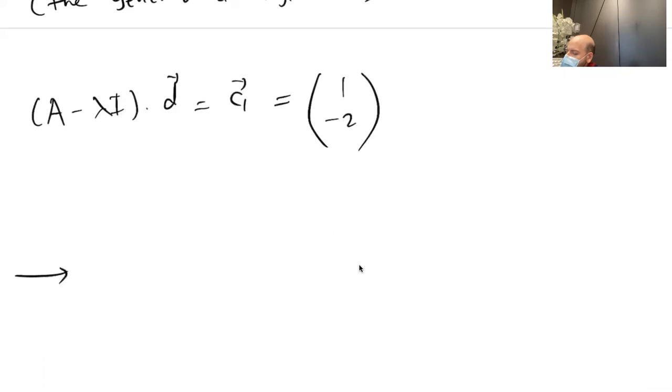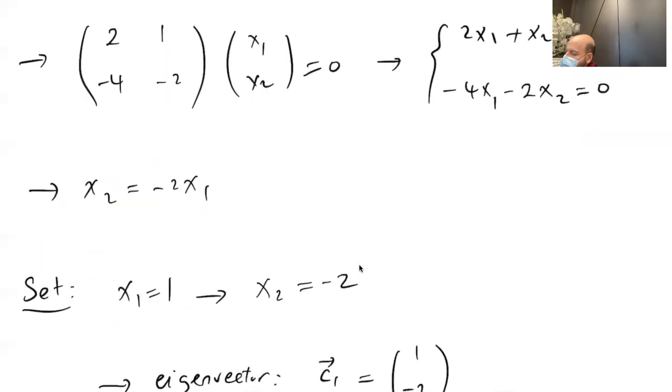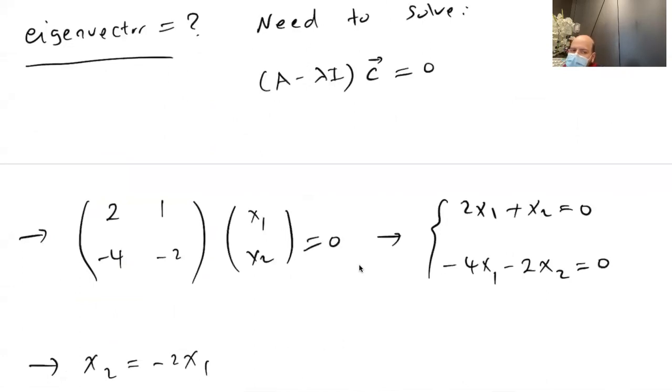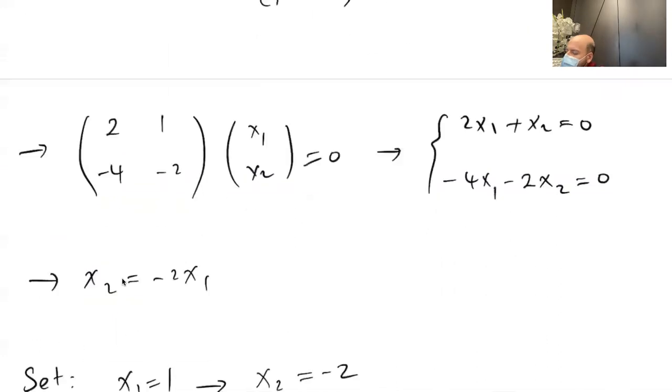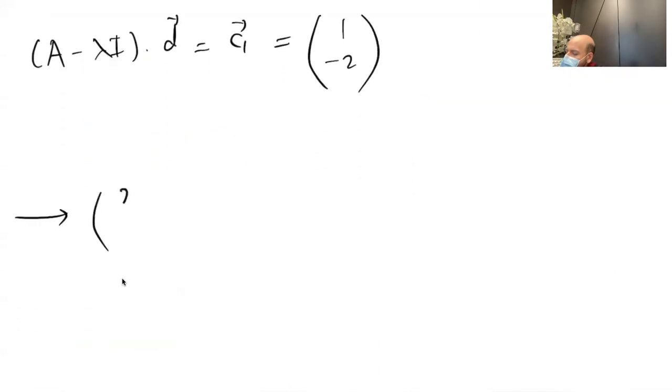And so that means A minus lambda I, we already saw it here, it's this matrix: 2, 1, minus 4, minus 2. Times D. Let me call it X1, X2 again, doesn't matter.